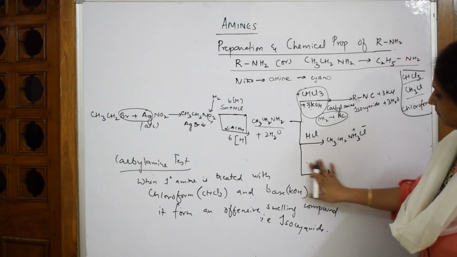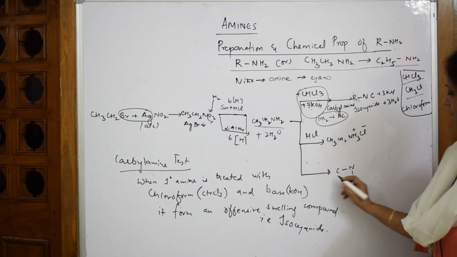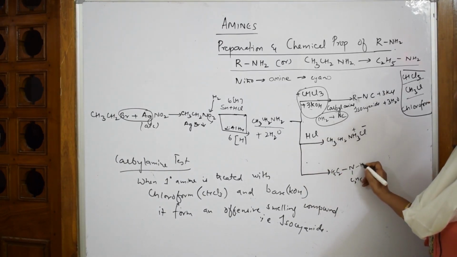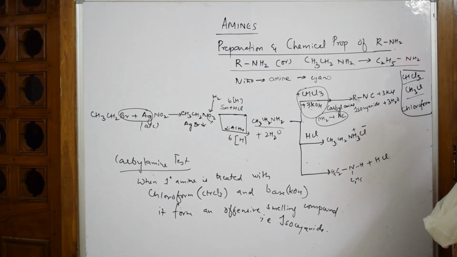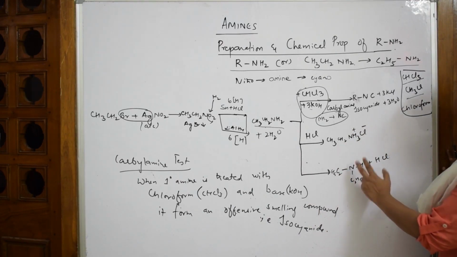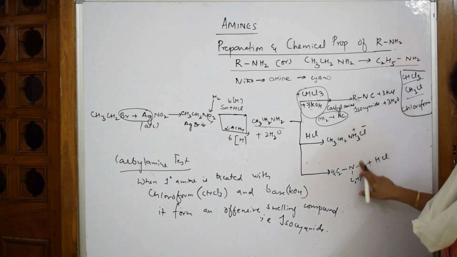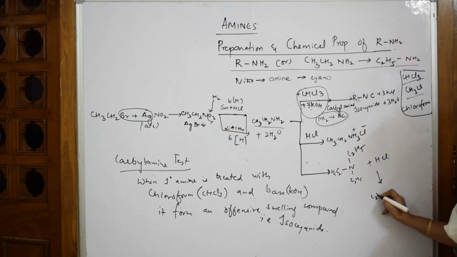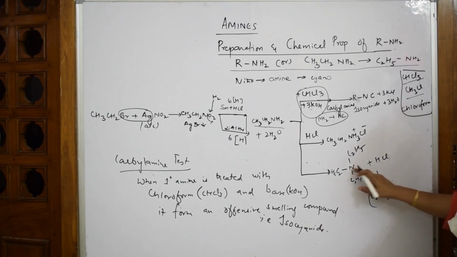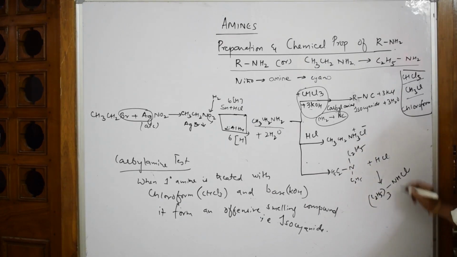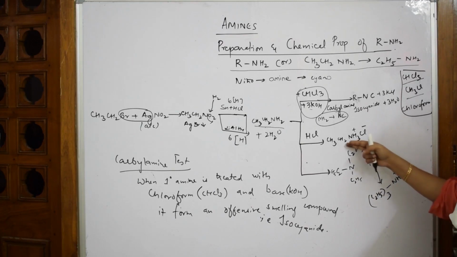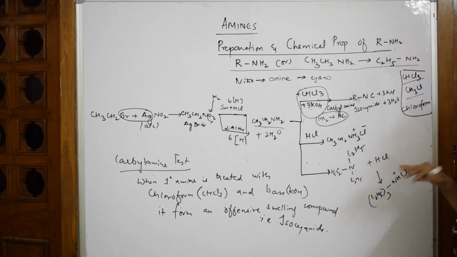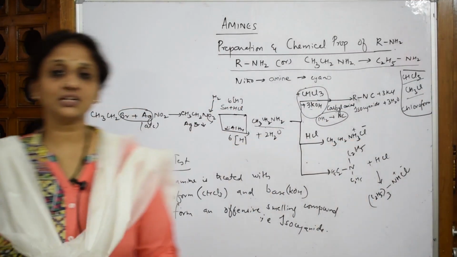Instead of primary, if I have a secondary amine, (C2H5)2NH, and I add HCl, same story: it becomes (C2H5)2NH2+ Cl-. Now for a tertiary amine, (C2H5)3N, it adds H and Cl to form (C2H5)3NH+ Cl-. So this is ethyl ammonium chloride for primary, diethyl ammonium chloride for secondary, and triethyl ammonium chloride for tertiary. It forms an addition compound, converting into salts with HCl.